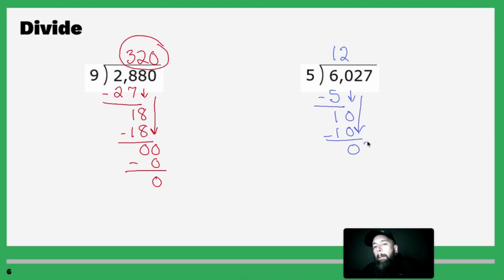Drop the 2. 5 goes into 2 0 times. Drop down the 7 then. 5 goes into 27 5 times. 5 times 5 is 25. 27 minus 25 is 2. There's no more digits left, and we have a remainder of 2, so our answer is 1,205, remainder 2.